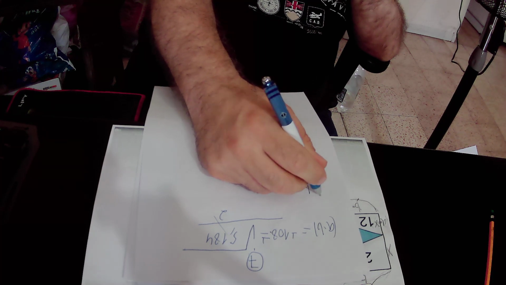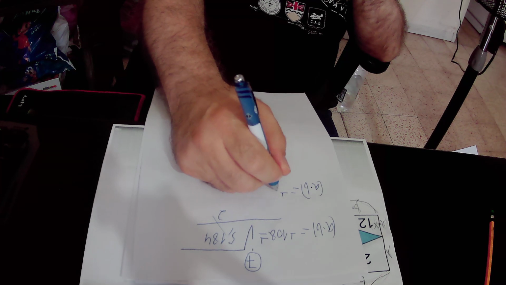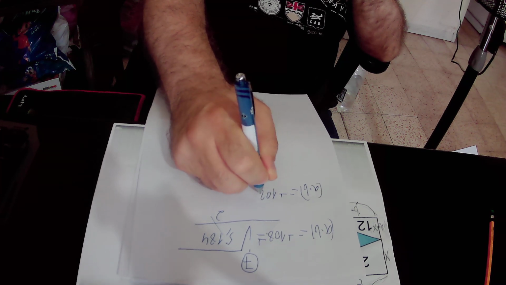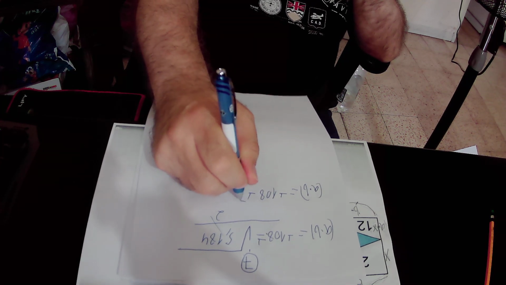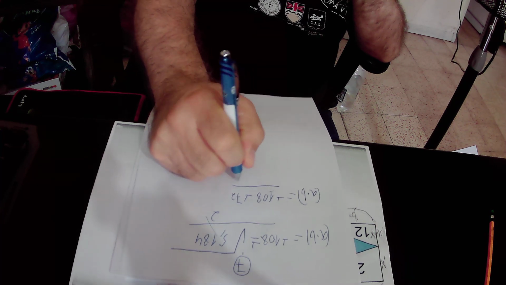A times B equals 108 plus 72 divided by 2.